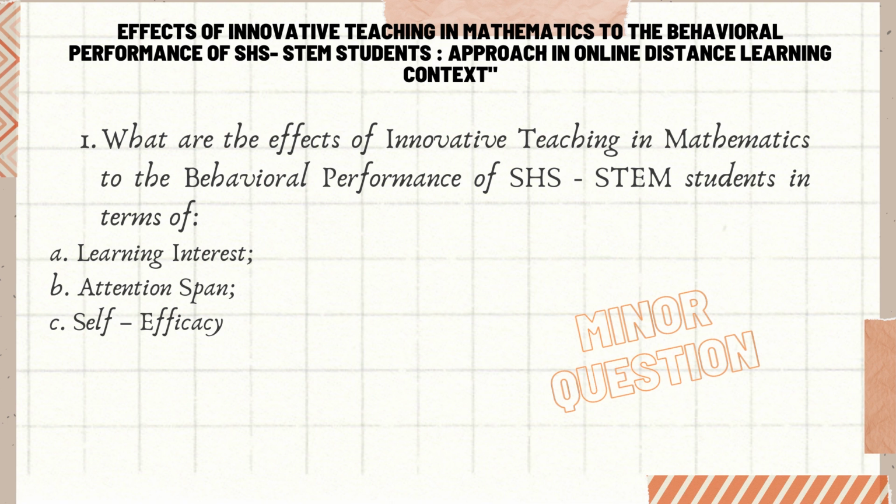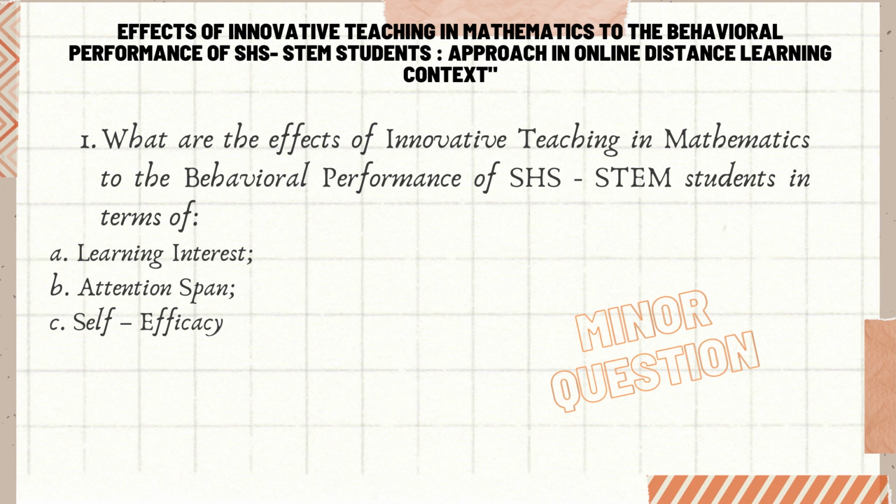So since I have here the research title above, now let's analyze this first question. What are the effects of innovative teaching in mathematics to the behavioral performance of senior high school STEM students in terms of learning interest, attention span, self-efficacy? In writing minor questions, we always have to make sure na relevant siya sa main purpose at major question natin.